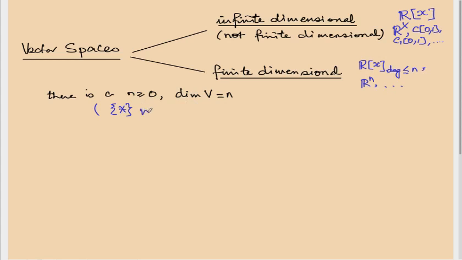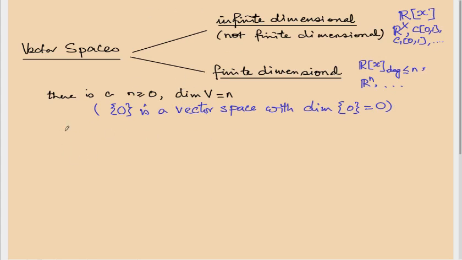So this is a vector space with dimension 0. Since this is the zero vector, let me write it something simpler. All right? That's the only vector space with dimension 0.